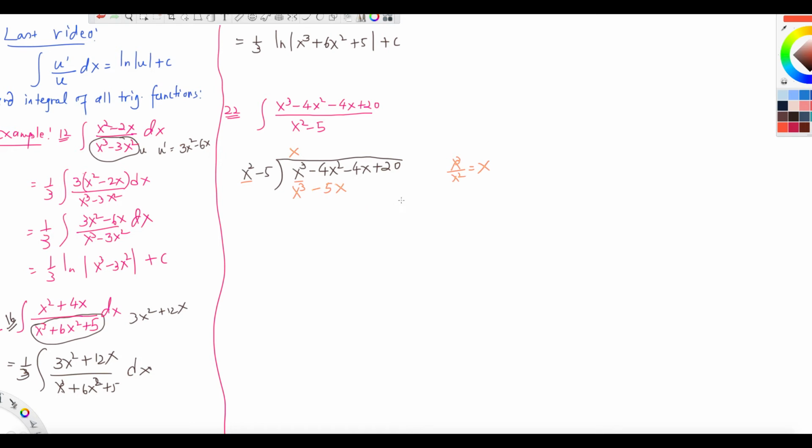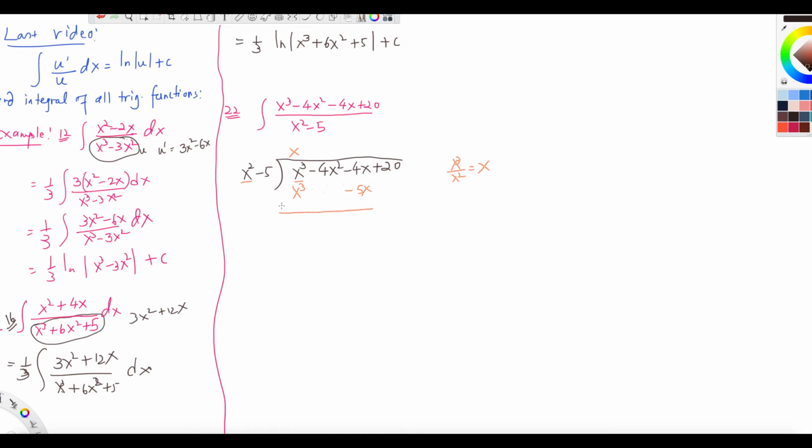You see that? Now you may be curious why there is a gap, because there is negative 4x squared. You can write a zero x squared term if you want to, because there is no x squared term when you multiply. So I'm going to write that negative 5x just below, like that. Now you subtract, which means change the sign.